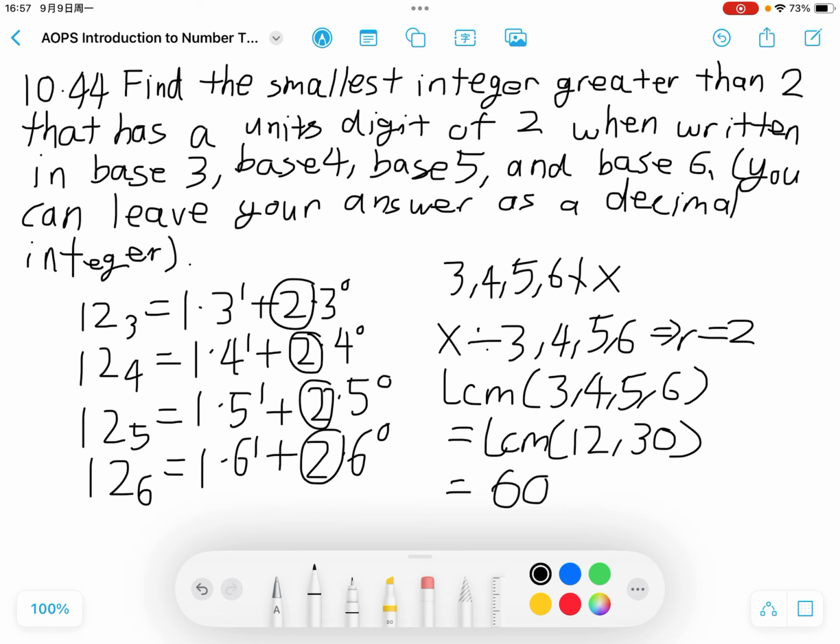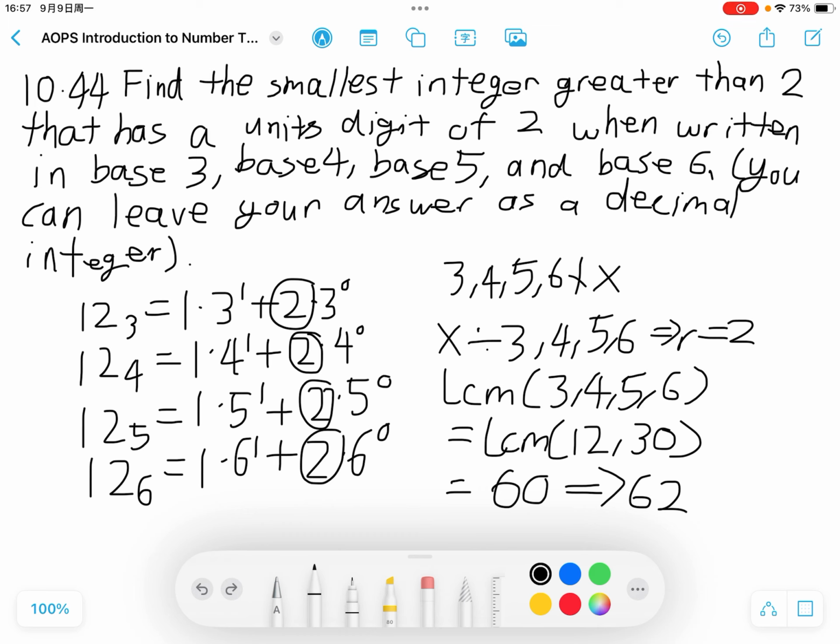Basically that means it's the smallest positive integer that is divisible by 3, 4, 5, and 6. This means that if we add 2 to this integer, which gives us 62, when we divide it by 3, 4, 5, or 6, it will give us a remainder of 2.